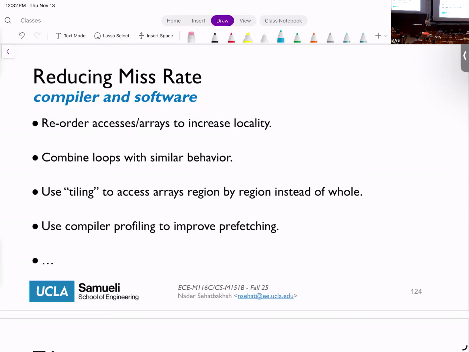I can also use the compiler to provide tips or guidelines to the hardware: last time I ran this, here are the addresses, go and, for example, prefetch this. So there are tons of things that can happen at the compiler and software level to make things extra efficient in terms of cache addresses, so you can actually reduce the number of misses.